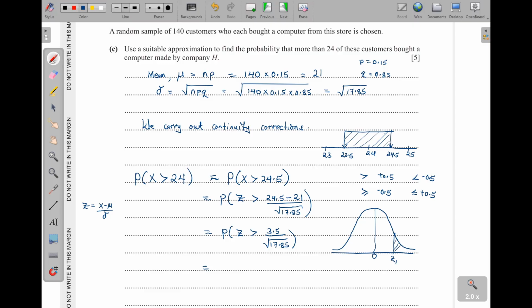So they want this one here, the greater than. Now, since the normal distribution table they give you has only values for less than, then you will say 1, total probability is 1, then minus this one. So you go and look out for the value of this to 3 decimal places. The probability you get there, you then subtract it from 1.